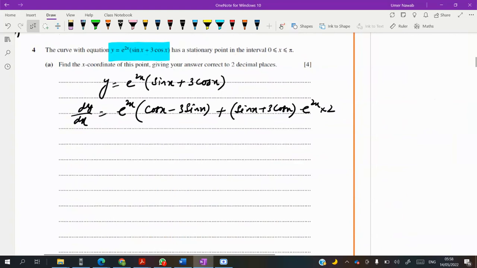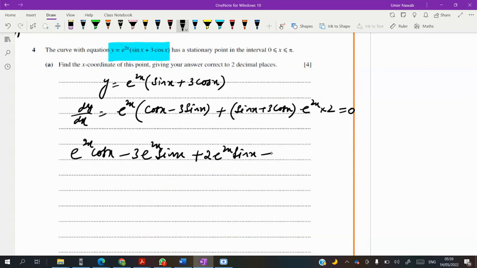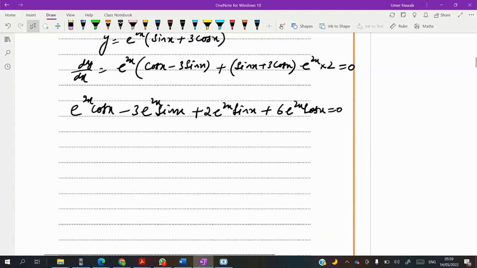Since we want to find the stationary points, we put it equal to 0. e raised to 2x cosine of x minus 3 e raised to 2x sine of x plus 2 e raised to 2x sine of x plus 6 e raised to 2x cosine of x is equal to 0.